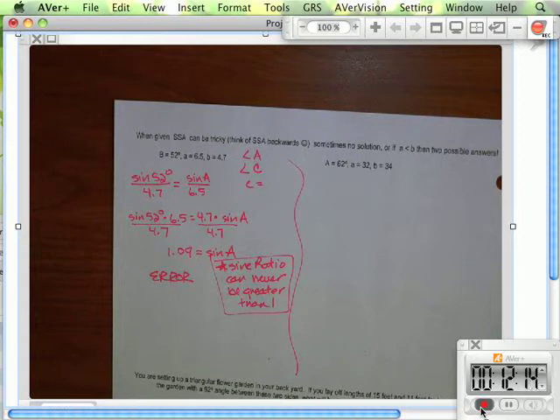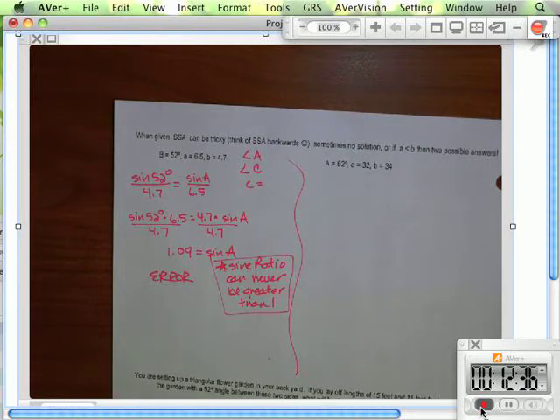So there's actually two triangles that would give me the ratios that I'm going to be working with when you have ASS. And I'll show you how to figure that out, okay? I just wanted to show you a picture of what's happening here when you have ASS. You don't know if it's going to be this obtuse triangle or it's going to be an acute one, and I'll show you how you can find out real easy.